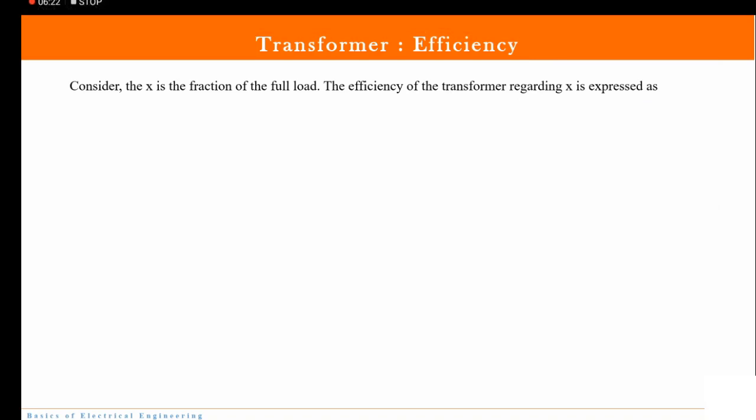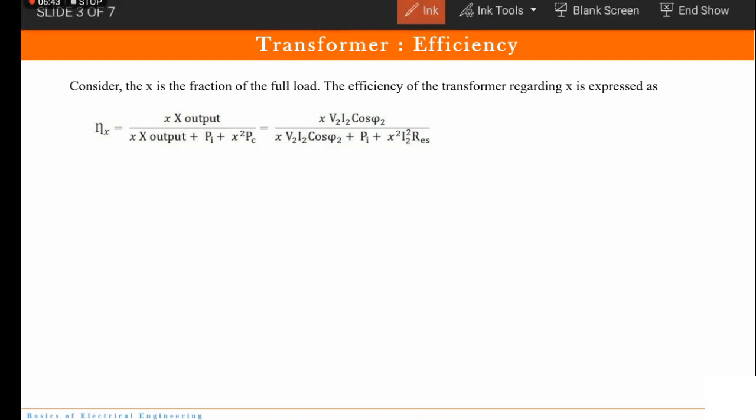So the efficiency of the transformer with respect to x will be represented by this. So eta at x will be x multiplied by the output, upon again x multiplied by output, and remember this output is full load output. Okay, so this output is full load output. Fine.